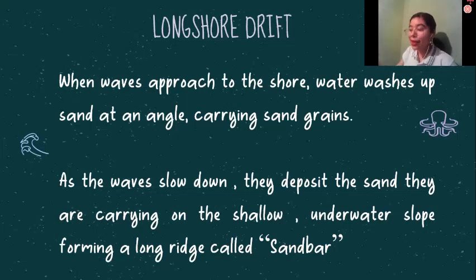But when the waves slow down, the grains that they carry are deposited on the shallow underwater slope, and they cause a sandbar. So it begins to deposit and deposit until it becomes a sandbar. Let me show you one example here.